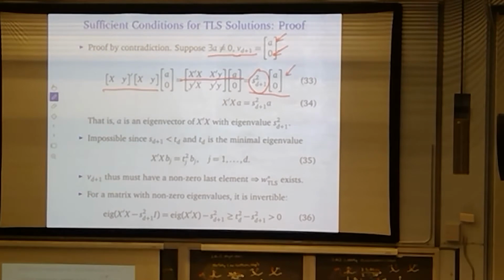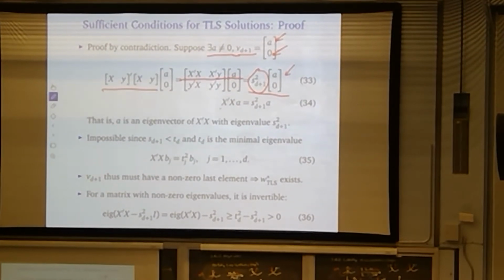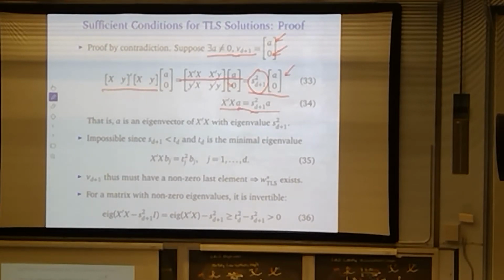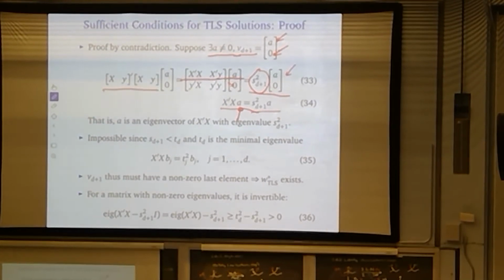And then if you look at the first equation, X transpose X A, X transpose Y times 0, that becomes 0, so that vanishes. And this side is SD plus 1 squared times A. This equation basically says A must be an eigenvector of X transpose X with corresponding eigenvalue SD plus 1 squared. Yes?